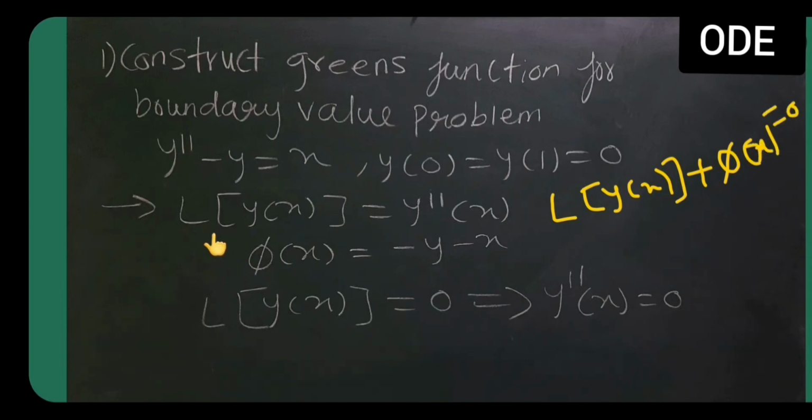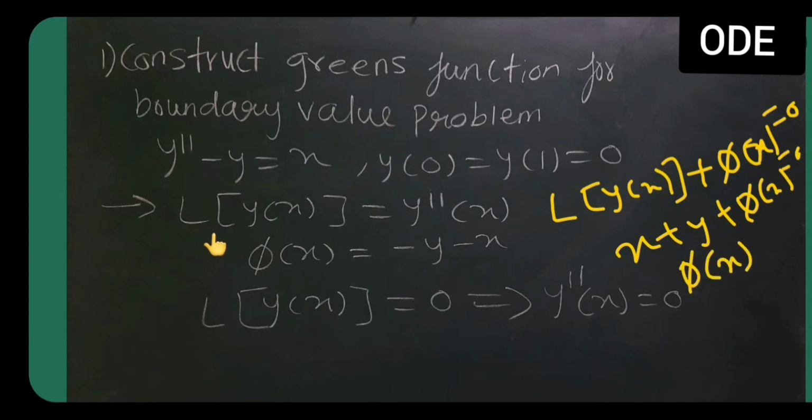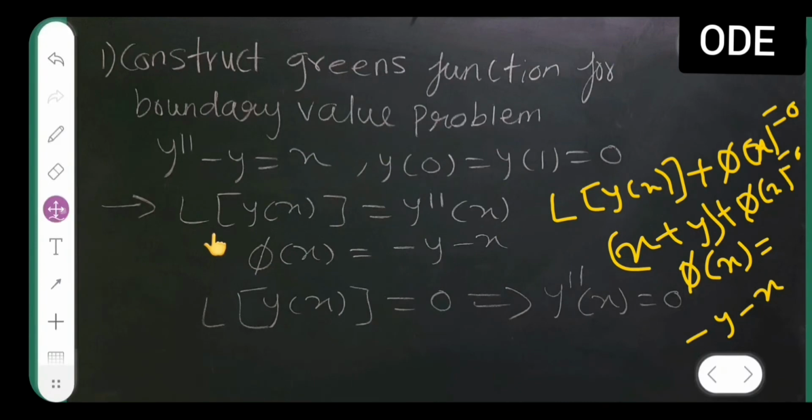This is x, and now plus y is plus phi of x is equal to 0. So phi of x, if I take that x and y to the other side, what I will get? Minus y minus x. If I take this value to the other side, it will become negative both, right? So that's what I have done: phi of x is equal to minus y minus x over here.